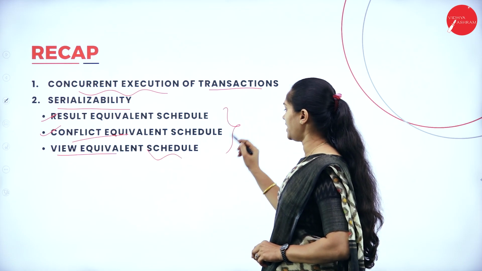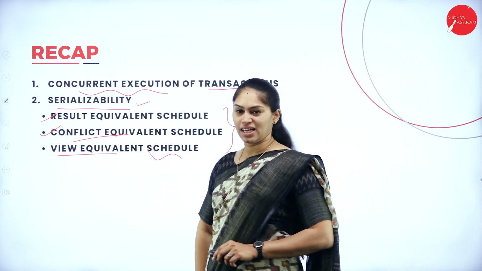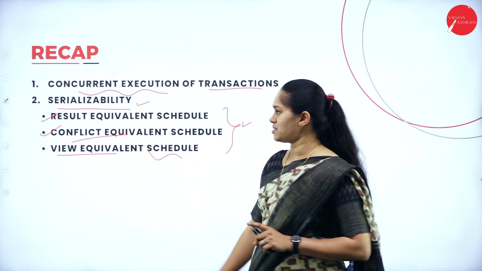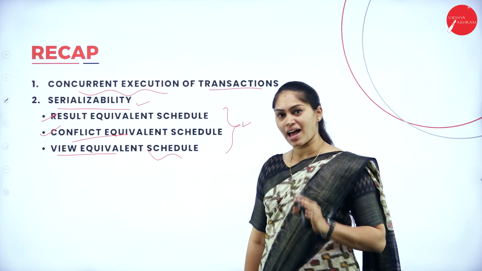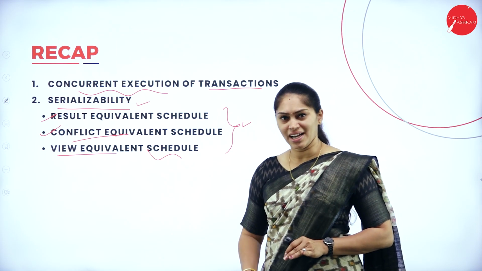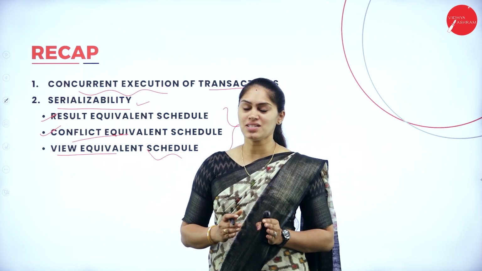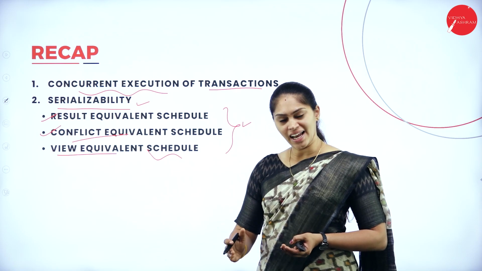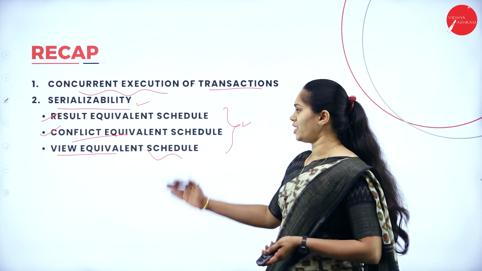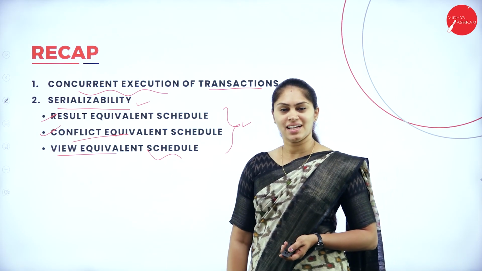So these are the 3 types which come under serializability. Why will this serializability be used? It's a mechanism or a procedure to identify whether the schedules are working in a serializable manner or not. In order to ensure that, we have this serializability.